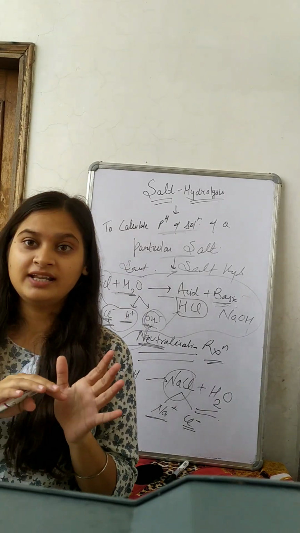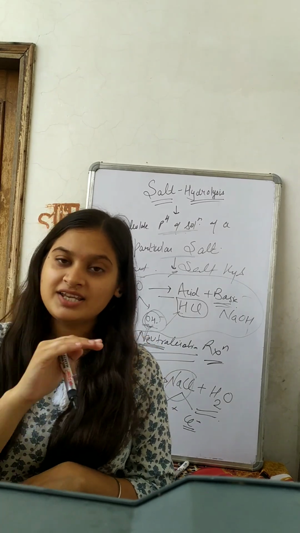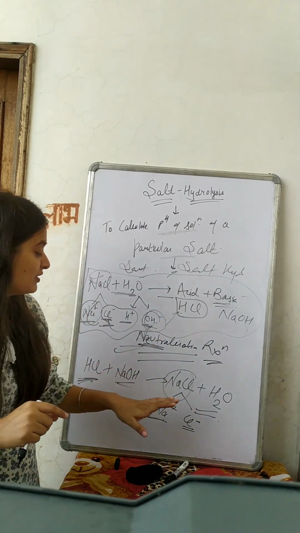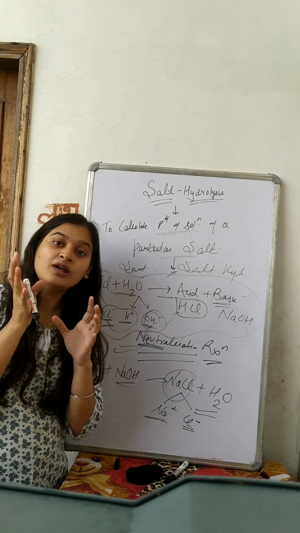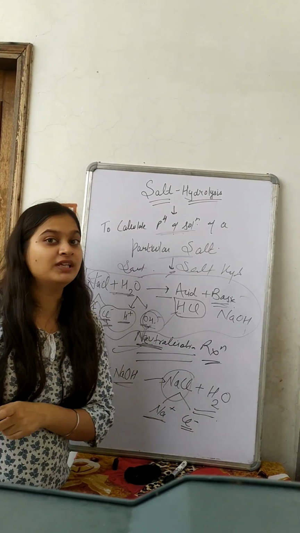Let's revise this again. When acid reacts with the base, it forms the salt and the water. This reaction is known as the neutralization reaction. What does neutralization mean? It means all the acid has completely reacted with the base to form the salt.